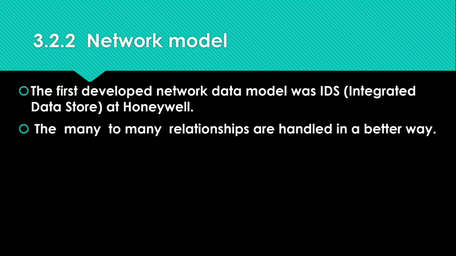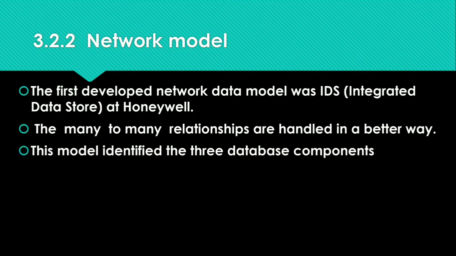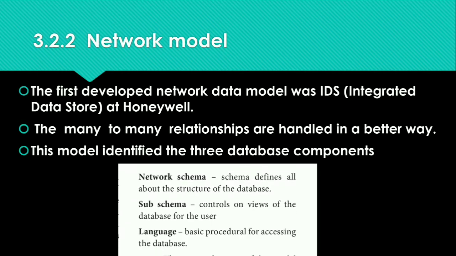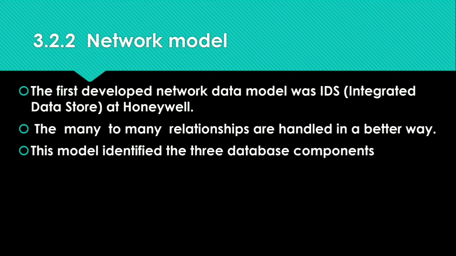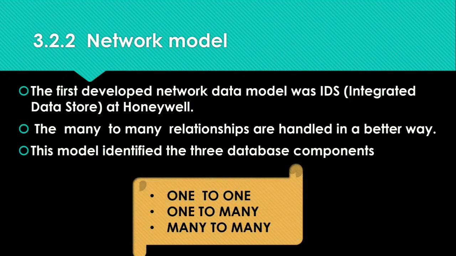This network model handles many to many relationships in a better way. And in this model there are three database components. They are network schema, subschema and language. We will discuss this later, and now I'll tell you about the types of relationships, that is one to one, one to many and many to many.